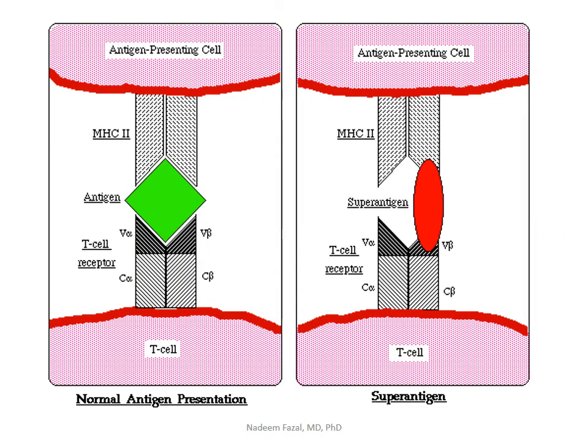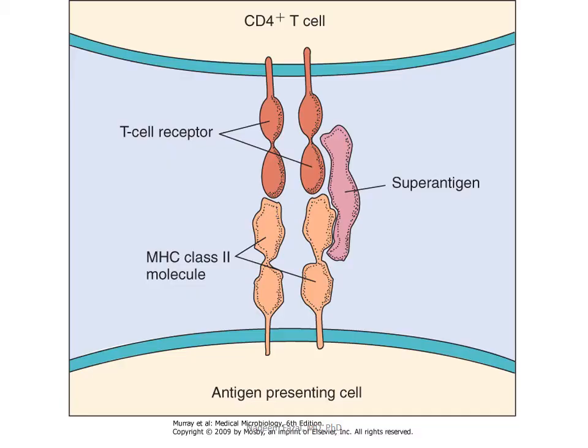You can see from here normal antigen presentation as compared to a short circuit, where superantigens come in. We talked about the tampon story for toxic shock syndrome. Remember, that was a massive cascade of pro-inflammatory cytokines that caused the shock in those young girls using those tampons.